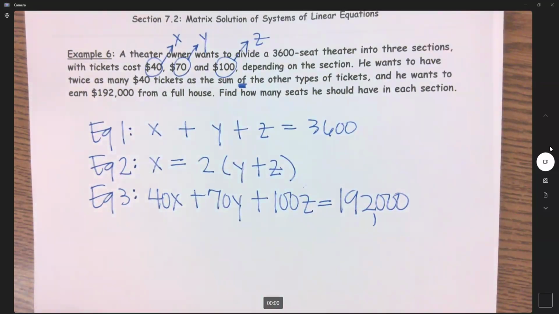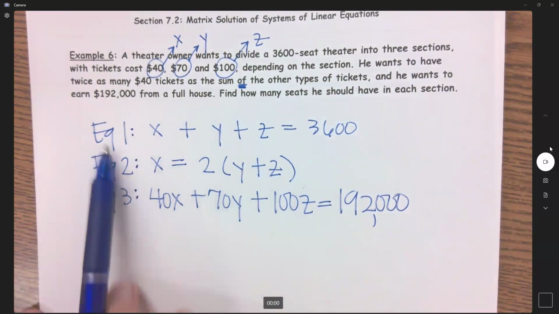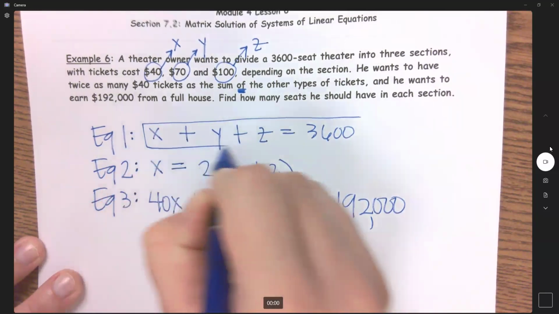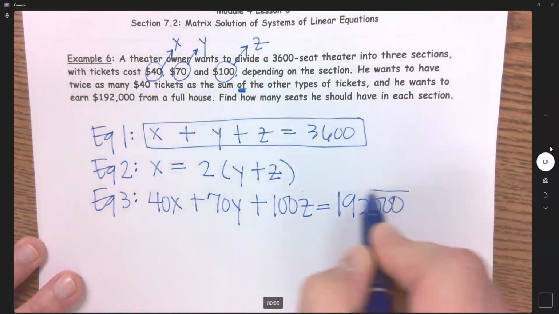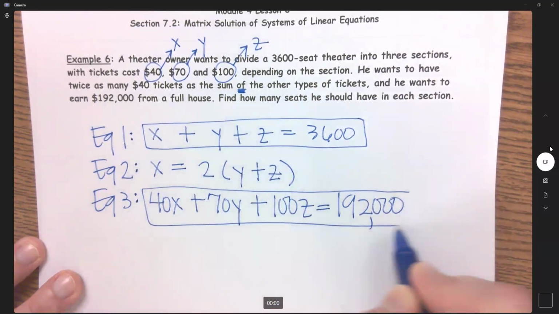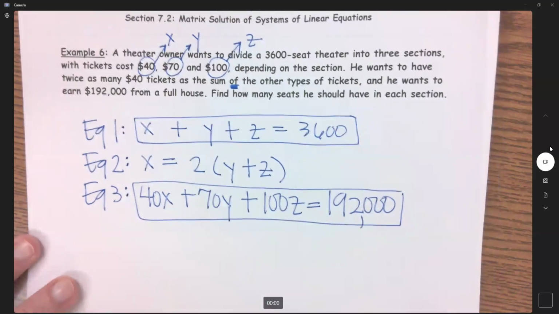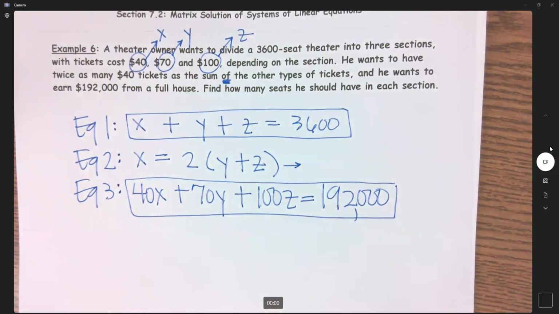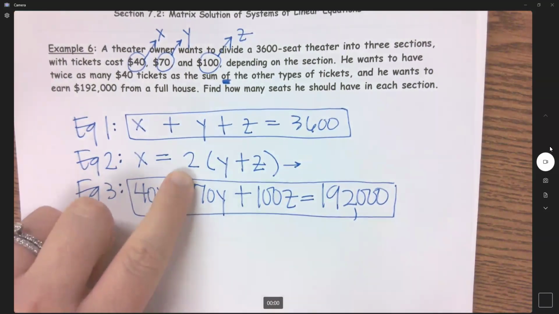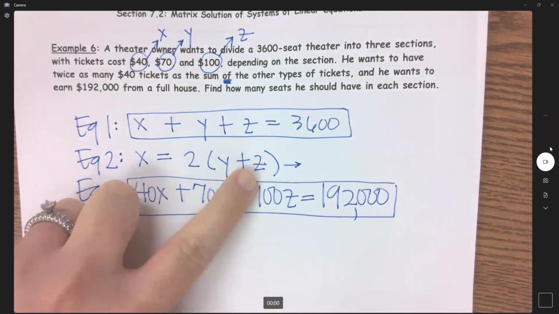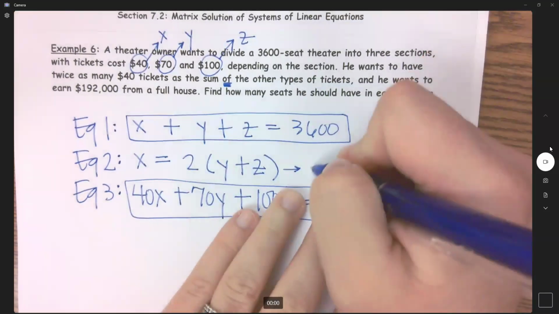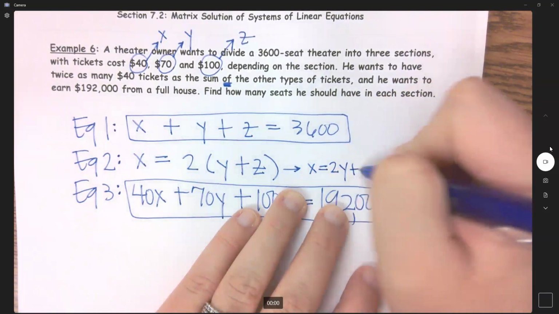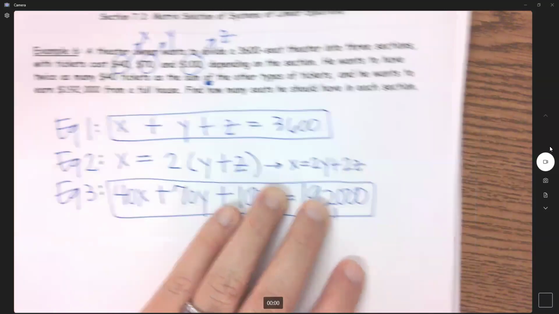Now, these are not all in the right form. Equations 1 and 3 are in the right form: x, y, z equals a number. This one is not in the right form, though. I wrote this a little too big, so I'll have to squeeze this in here. First up, I distribute that 2 into my y and my z. I'm going to have x equals 2y plus 2z.